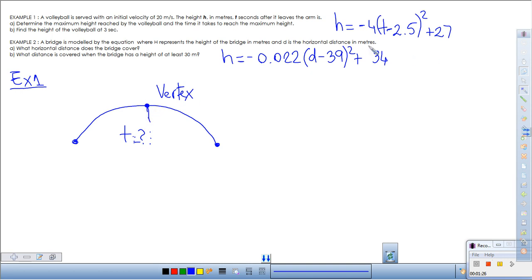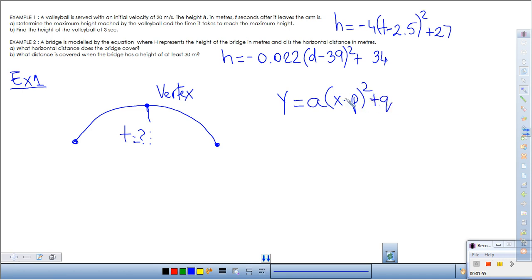Well, let's take a look at our function again. h equals -4 (t minus 2.5) squared plus 27. I'm hoping that you can quickly see that this relationship is already arranged in vertex form for you. Now the vertex form was y equals a(x minus p) squared plus q.